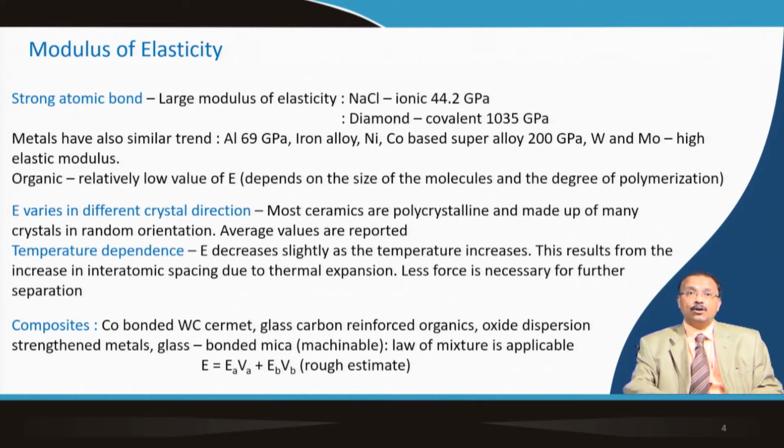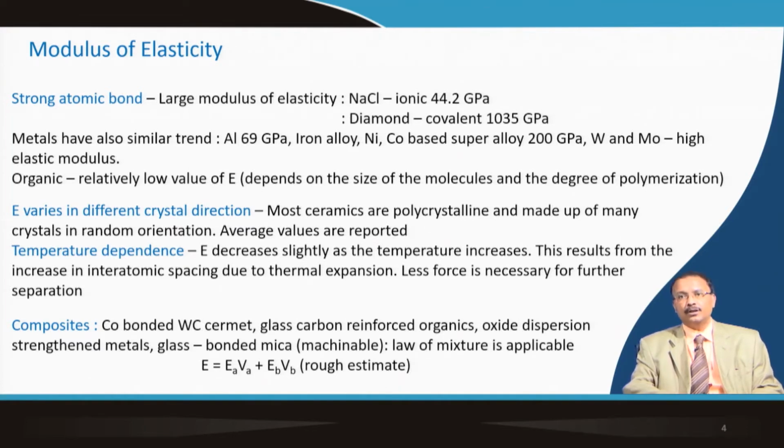If you consider composites, for example cobalt-bonded tungsten carbide, which is one kind of cermet, or glass-carbon reinforced organics, or oxide dispersion to strengthen metals, or glass-bonded mica, which I talked about as a machinable ceramic, then the law of mixture is applicable.